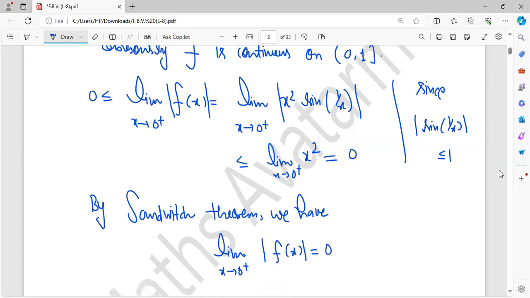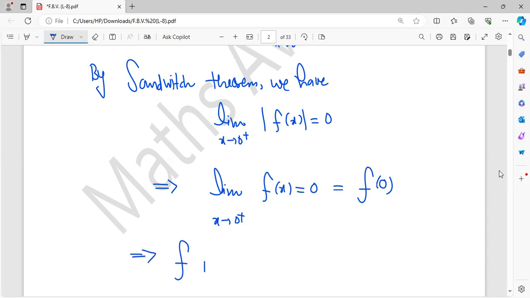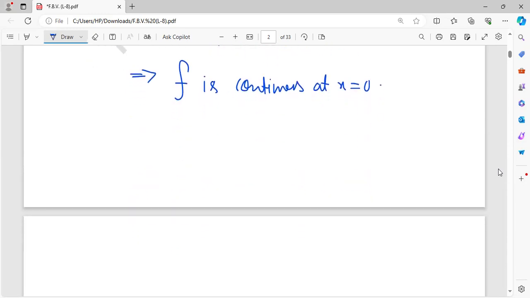This implies the limit as x tends to 0 plus of f(x) is equal to 0, but that is nothing but f(0). This implies f is continuous at x is equal to 0. So finally, it is continuous on closed interval [0, 1]. So this implies f is continuous on closed interval [0, 1].